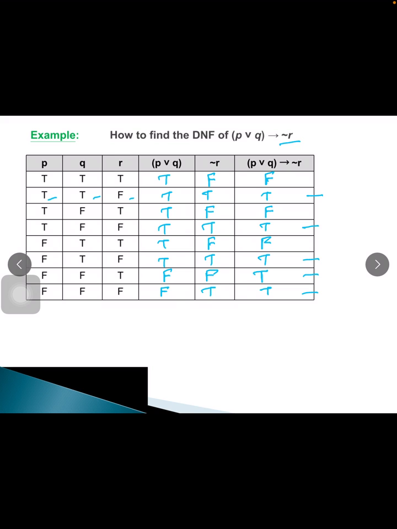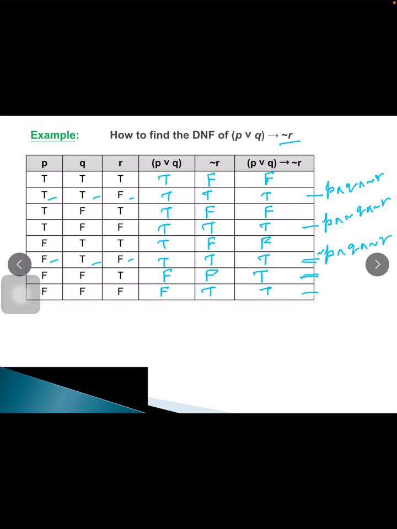Because P is true and Q is true, it is P and Q, and R is false, so it becomes negation of R. Next, in this row we have true, false, false, so our min term will be P and negation of Q and negation of R. Similarly, in the next row the values of P, Q, R are false, true, false, so our min term is negation of P and Q and negation of R.